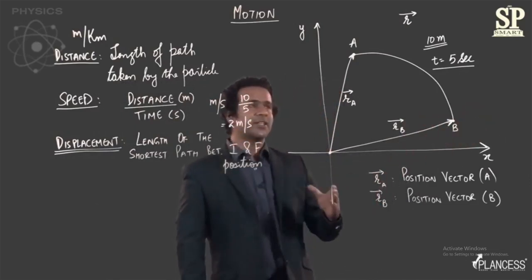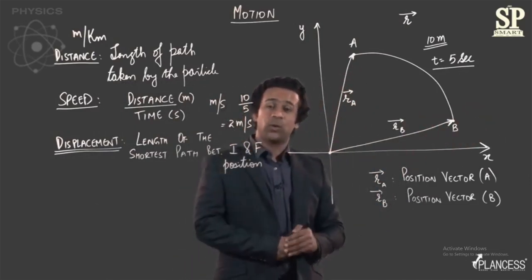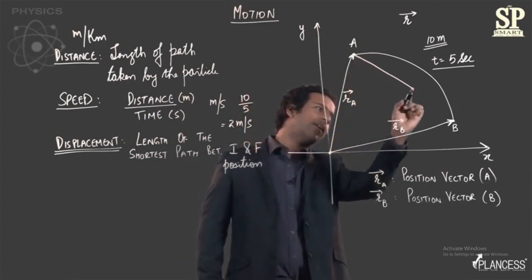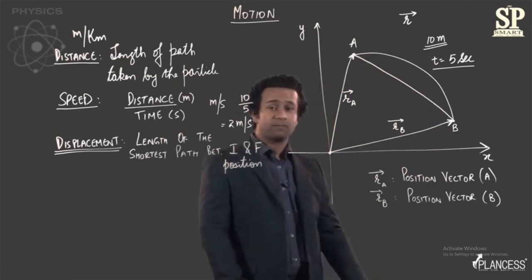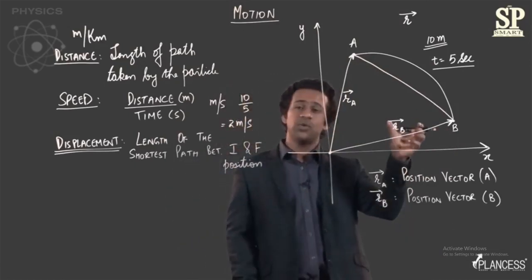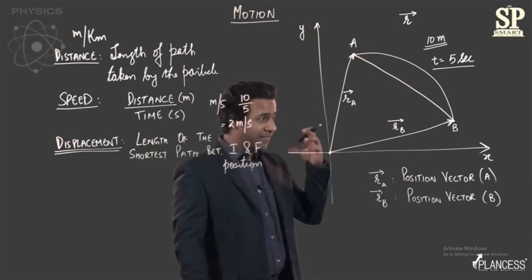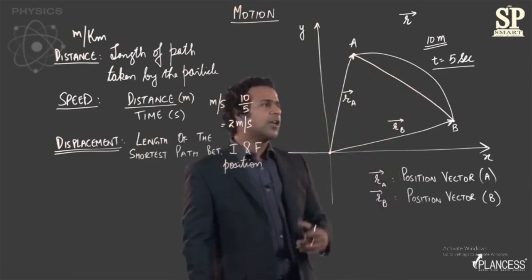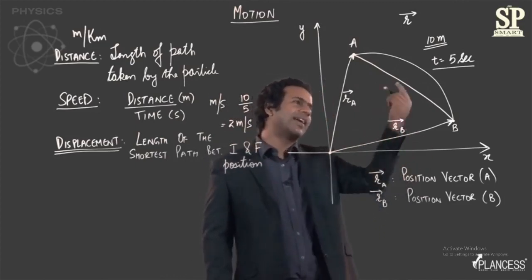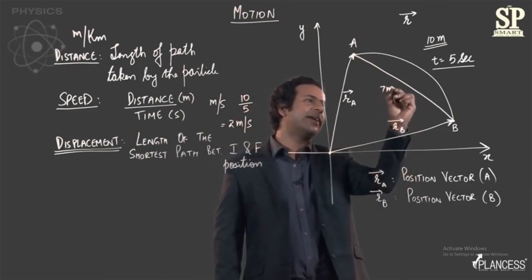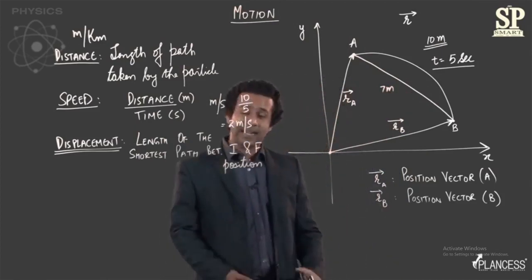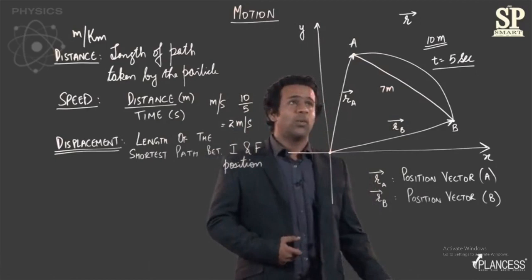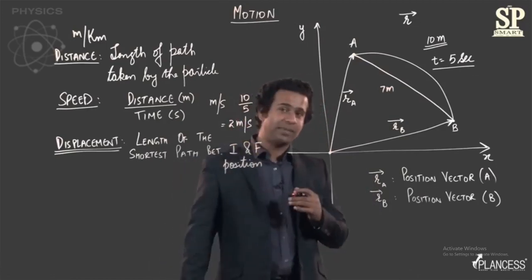So, in this case, if you want to find displacement, what you need to do is draw a straight line which joins point A with point B. So, this line gives you the displacement. To be very specific, the length of this line gives you the displacement. Let's say this length is 7 meters. In that case, the displacement of this particle when it goes from point A to point B is 7 meters.